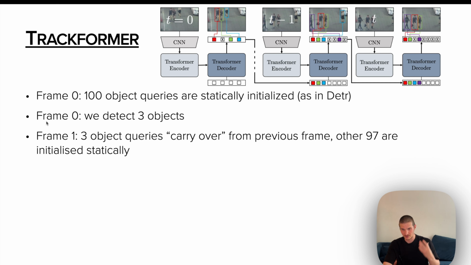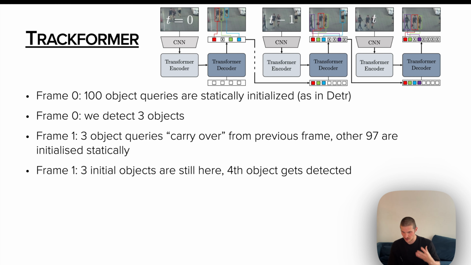Then when doing detection for the next frame, frame 1, we carry over those 3 objects from the previous frame and initialize the other 97 from scratch. The 3 initial objects were already there, so they got predicted once again, and then the 4th object was predicted by a statically initialized query.